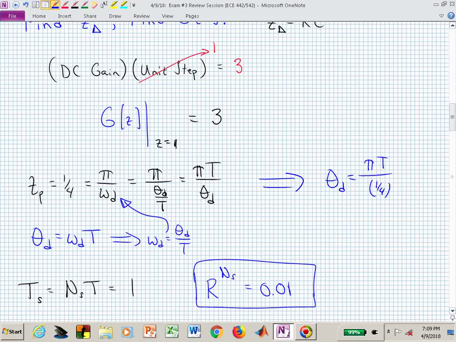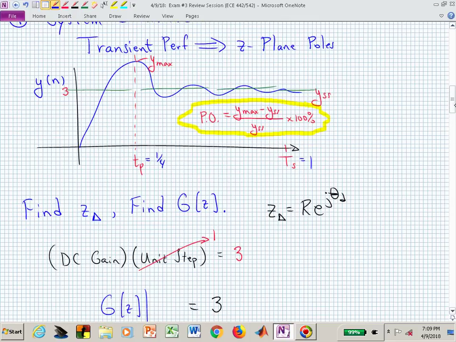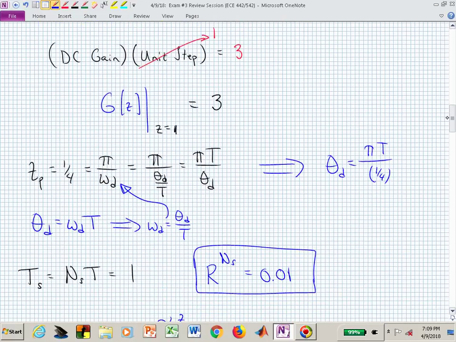From this experimental result, we're saying the settling time is 1. And now the 1% settling time is related to the radius of those dominant poles. R raised to n sub s, the number of samples in that settling time.